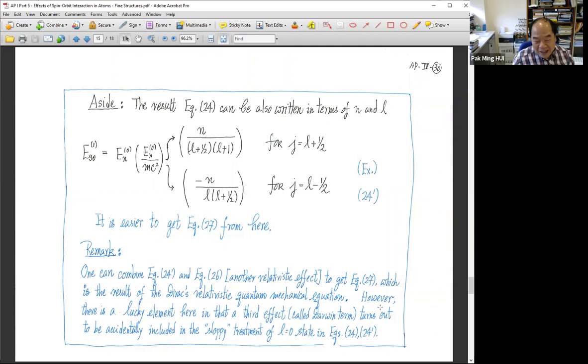Now, I have hidden something under the rug, because I don't want to go into too technical detail, but I encourage you to look up the detail. Now, the hint here is the following.